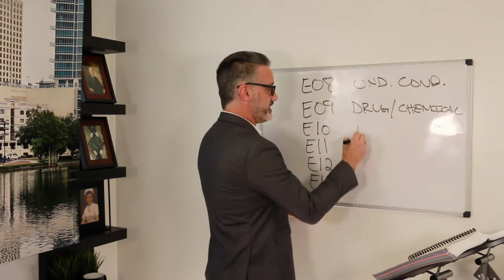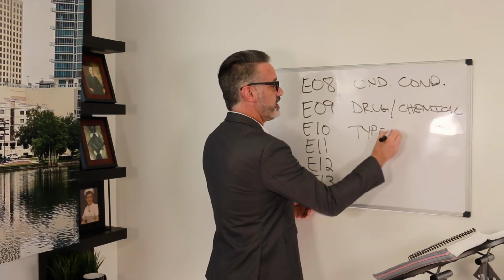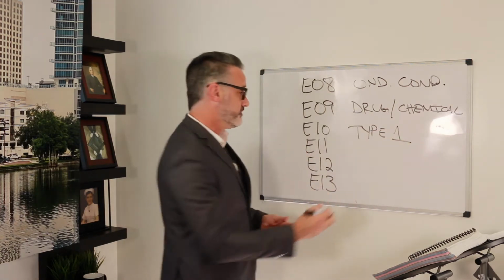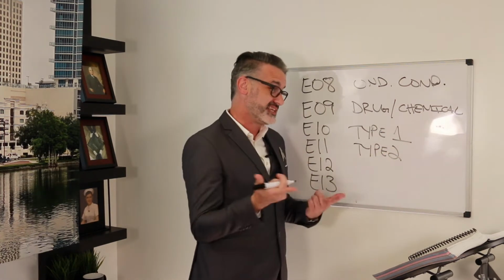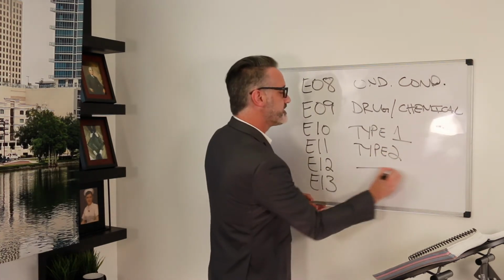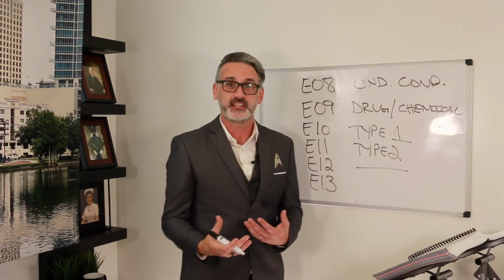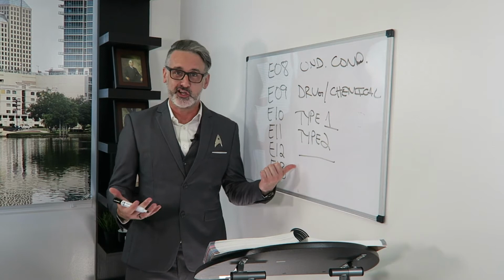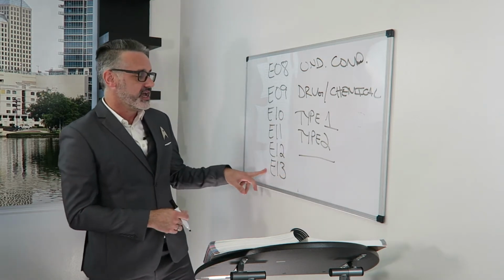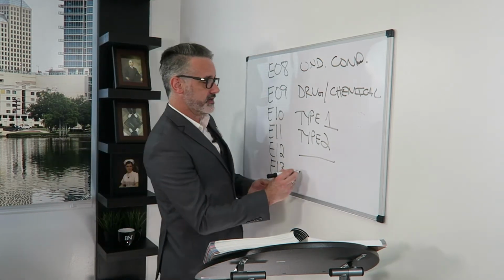E10, type 1 diabetes. E11, type 2 diabetes. We skip E12. Think of that as a save it for a later spot. So just in case they do add a new type of diabetes classification, then stick it right here in E12. And then E13, other specified.